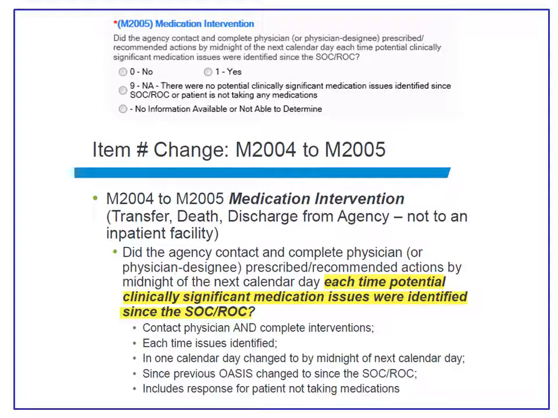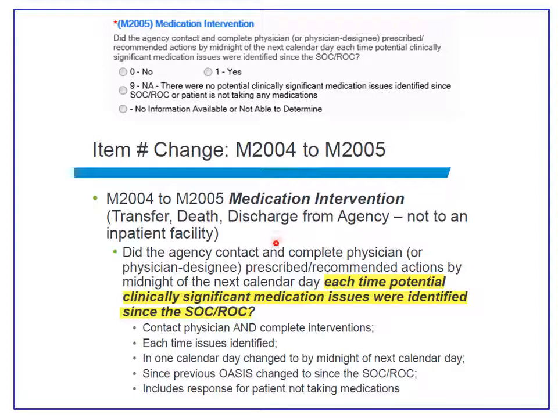M2004 is now M2005. And did the agency contact and complete the physician prescribed recommended actions by midnight of the next calendar day each time to resolve the issues? You are answering this question at transfer, death, and discharge from agency, not to an inpatient facility.